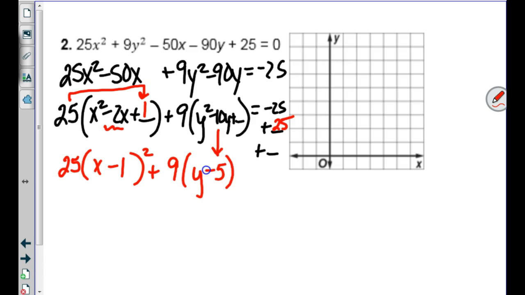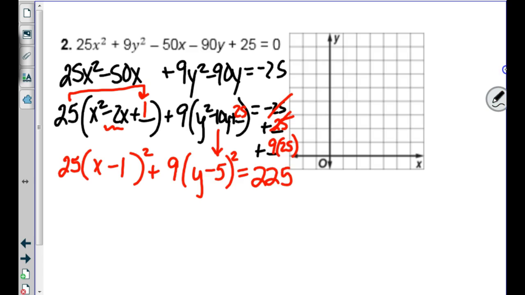Half of 10 is 5. Squared is 25, so over here we're adding 9 times 25, which is 225. Negative 25 plus 25 is 0. 9 times 25 is 225.